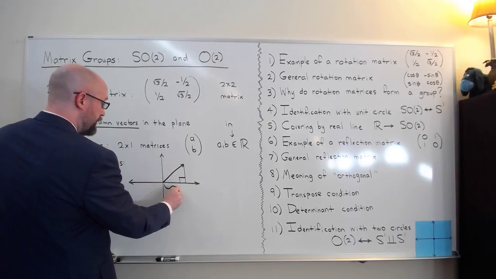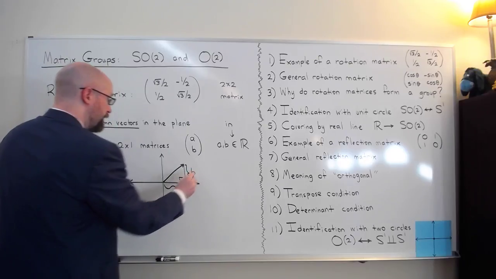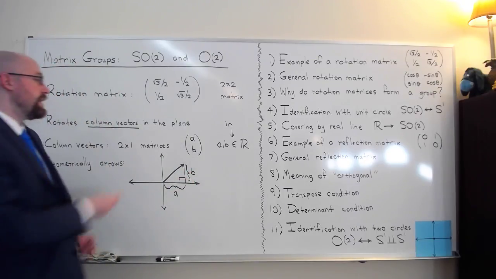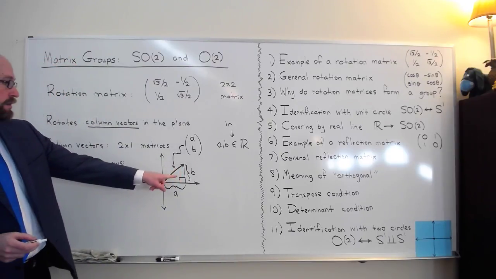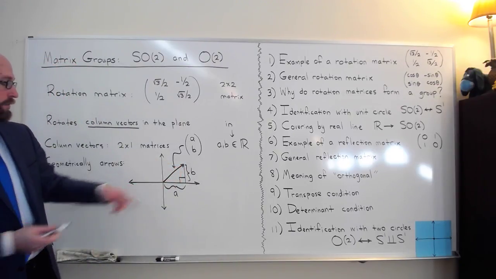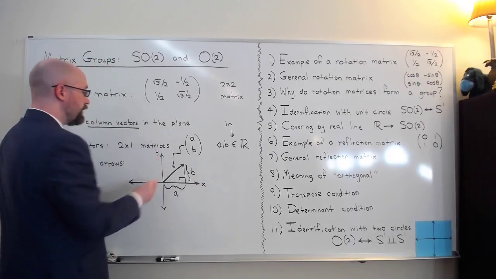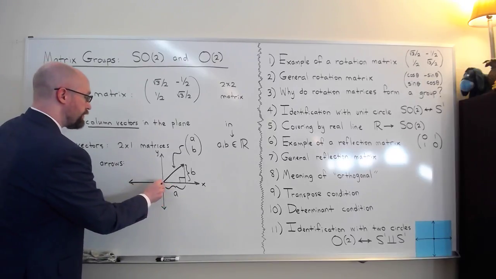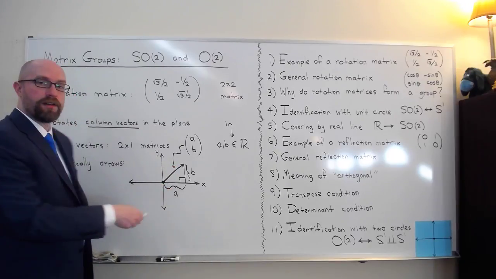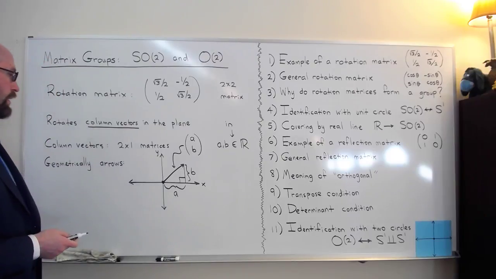And this distance here is the A, and this distance here is the B. So what the A, B means is this arrow here that points to that point in the plane, which has, if you like, you can put an X coordinate here and a Y coordinate here, and then you can say, well, this is telling you that it's the vector that points from the origin here to the point that has X coordinate A and Y coordinate B. That's a way you could say it.